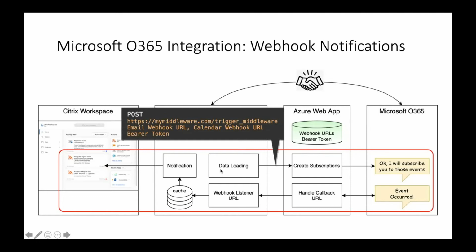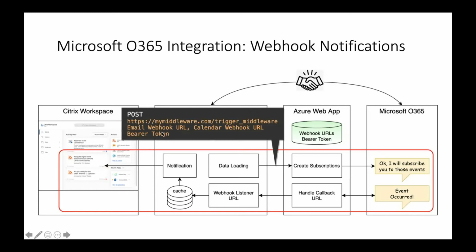What we have is a data loading call from our Microapps platform to the Azure web app. What this data loading call needs to do is transmit a few key pieces of information. It needs to tell the middleware that there's an email webhook URL and there's a calendar webhook URL waiting here, ready to receive information.